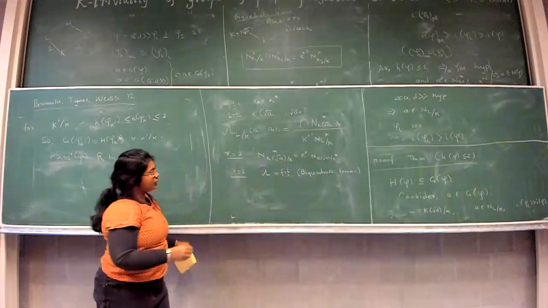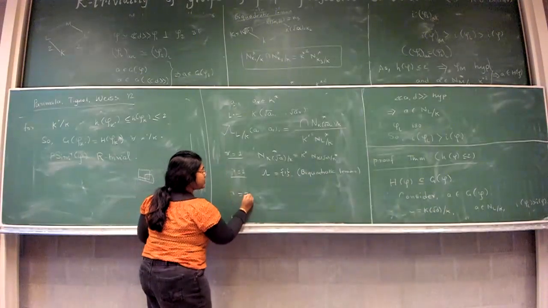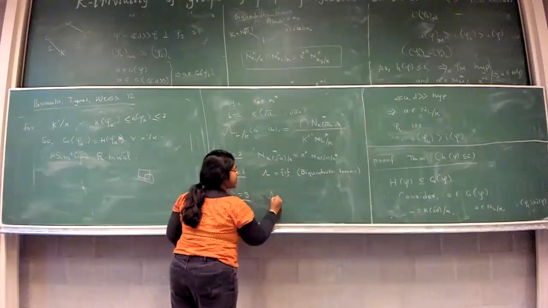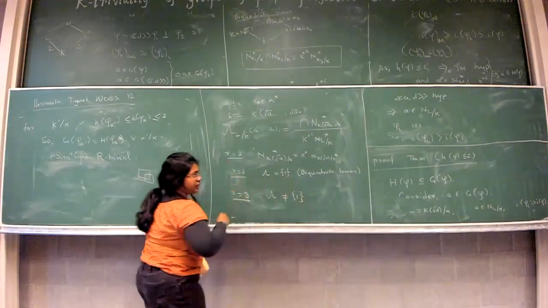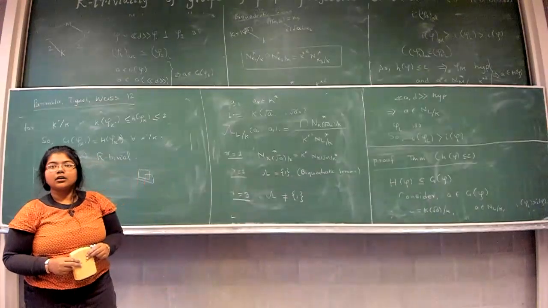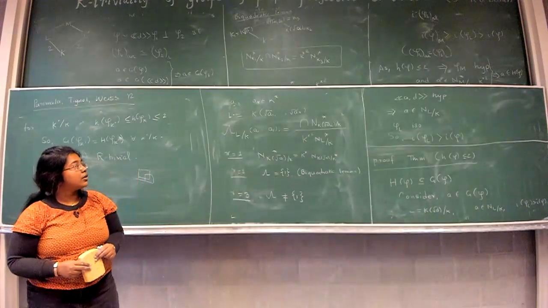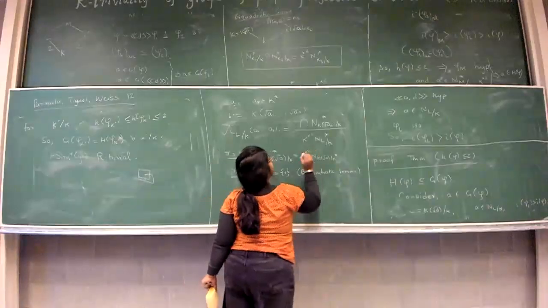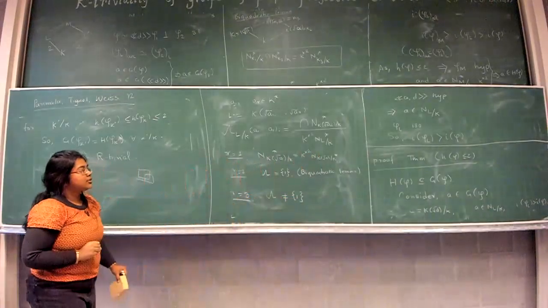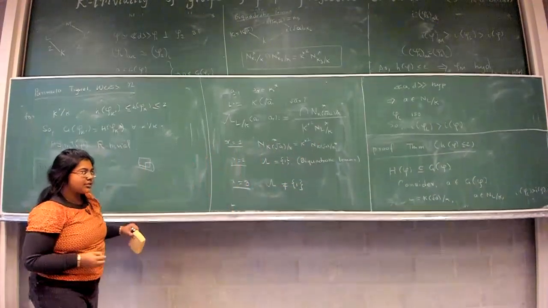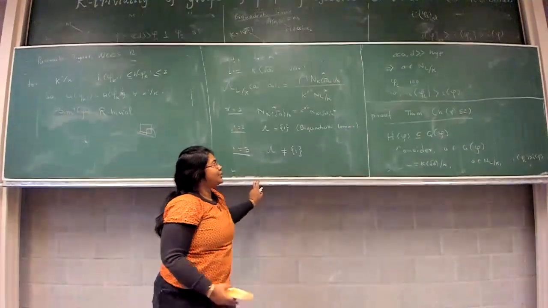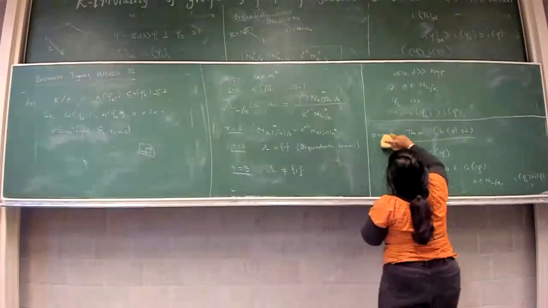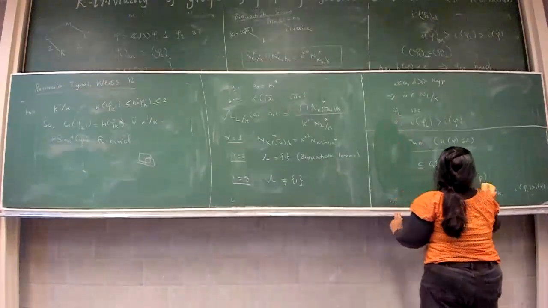The first case is R equals 3, where it comes up that this lambda is not trivial. So this non-triviality will help us to construct the example.